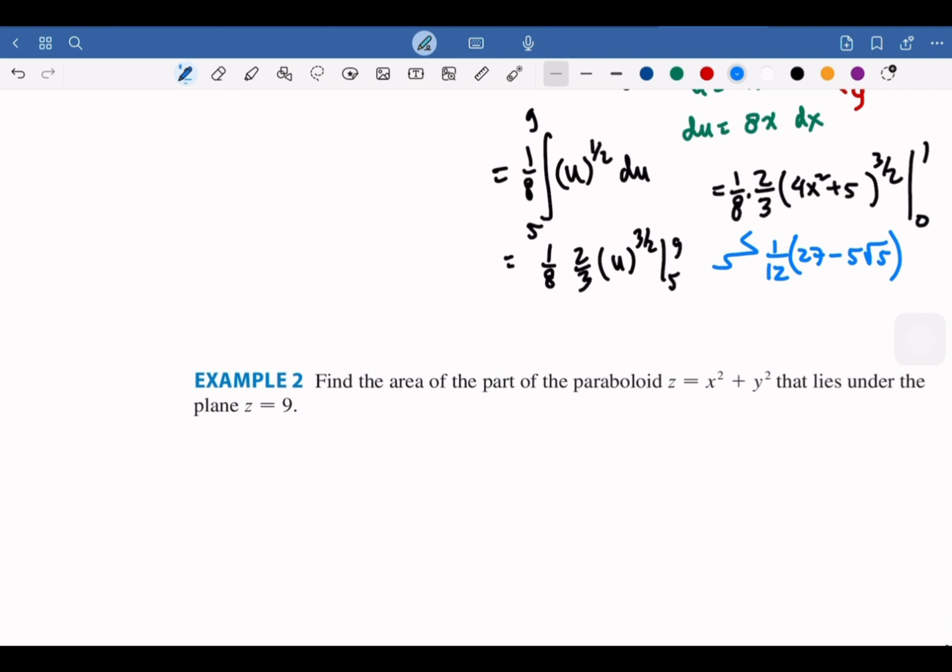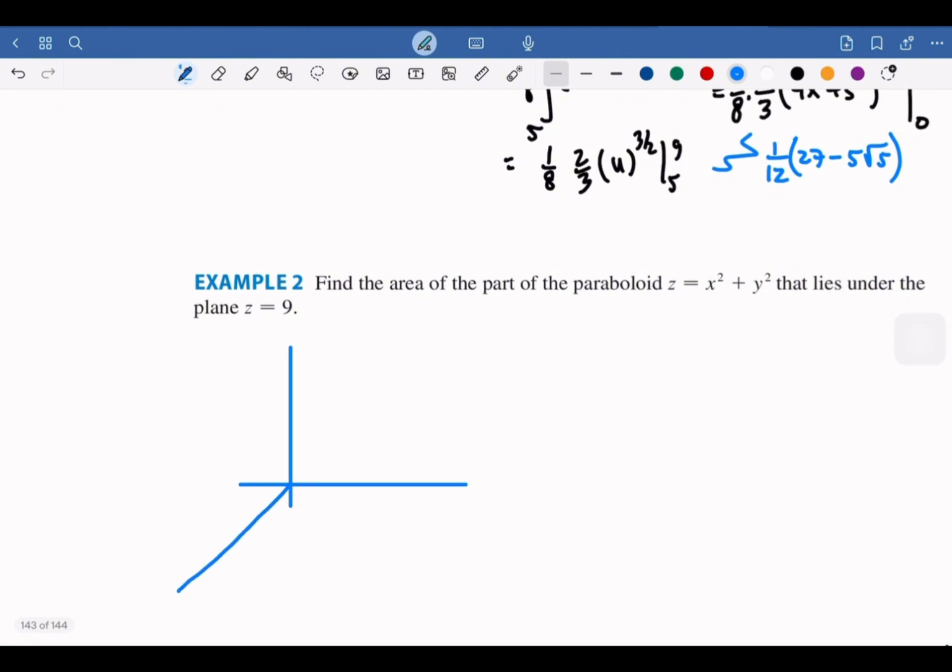so we want to find, for example, if this is the 3D system, and this one is D, and this is the paraboloid, and it will be cut here at z equal 9.